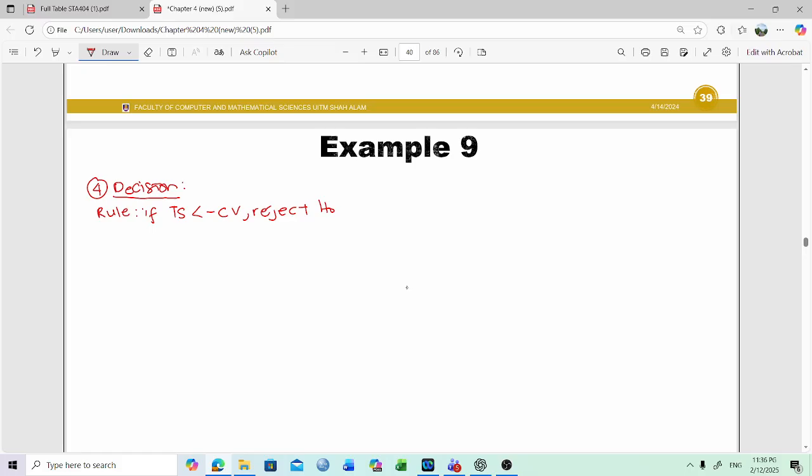So now you can write the decision. Since, please restate your test statistic that you got just now, negative 4.3627 is less than negative 1.796, you need to reject your null hypothesis. That is your decision. And then the last step is the conclusion.